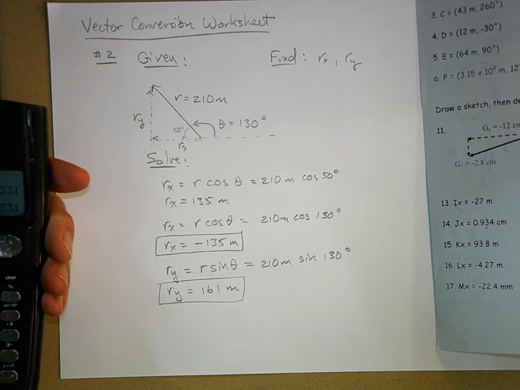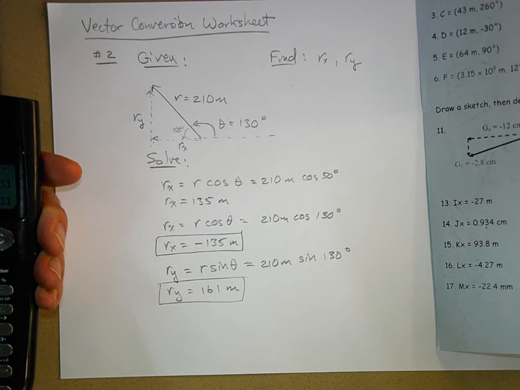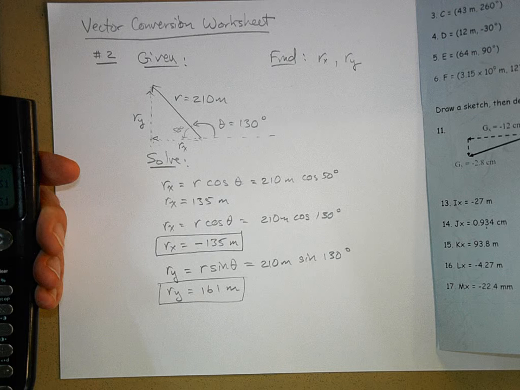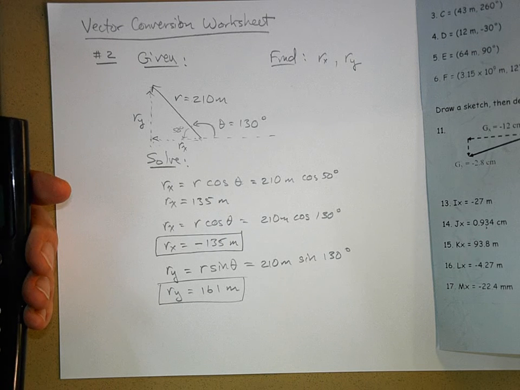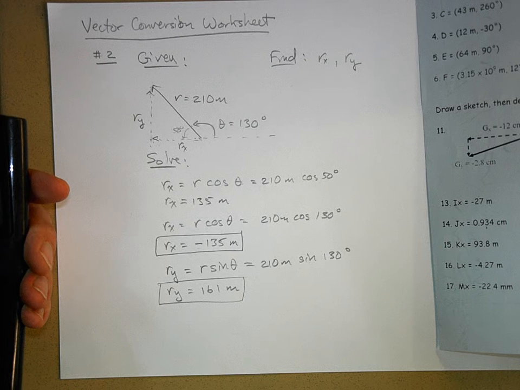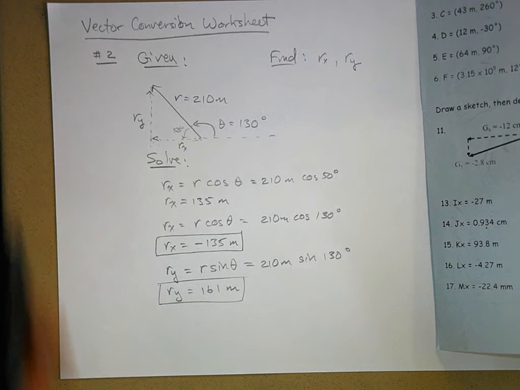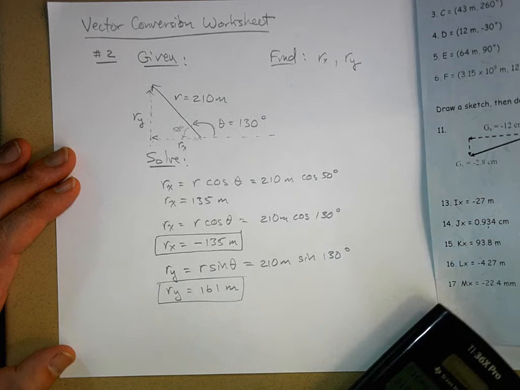Because you may have learned in algebra that the sines of supplementary angles are equal. The cosines of supplementary angles are opposite. So there you go. That'll help you in there.